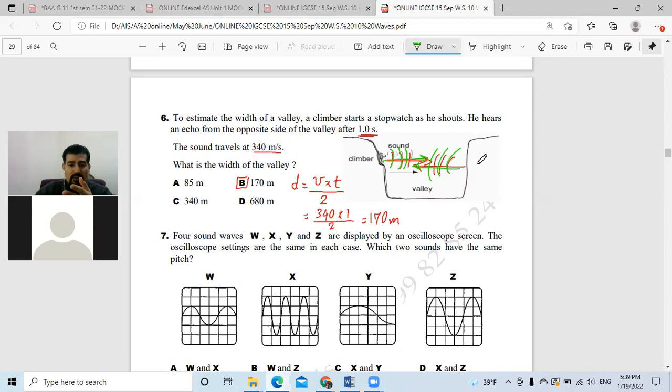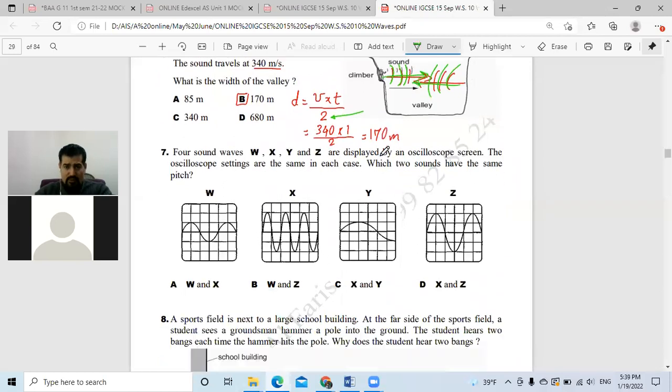I need to know the width of the valley, how far the other side of the cliff is. So distance equals speed times time divided by 2. Why divide by 2? Because there is an echo. They give us the time to go and return. You can divide the time by 2, or divide the whole thing by 2. It will be the same result. So the answer is B. Be careful, some of you sent me a wrong answer.